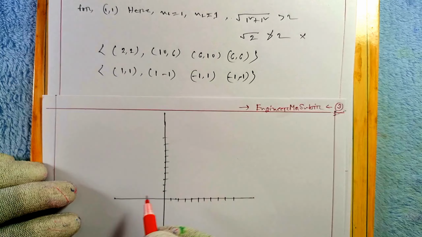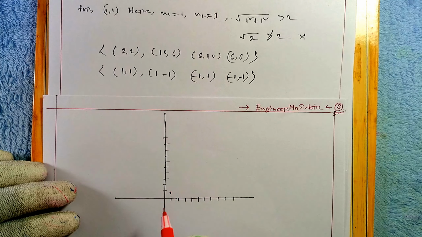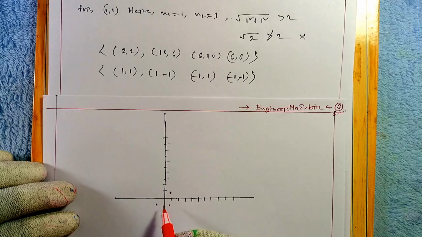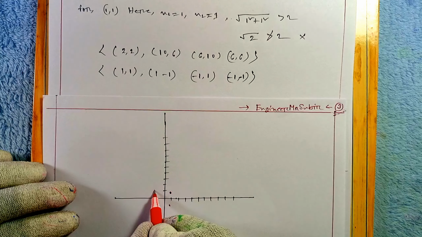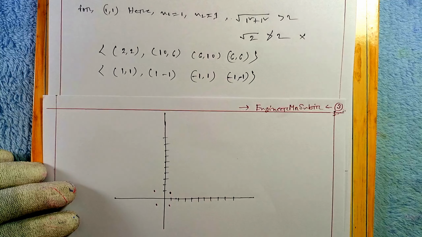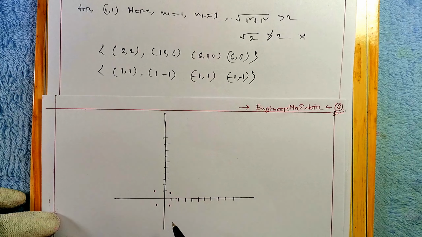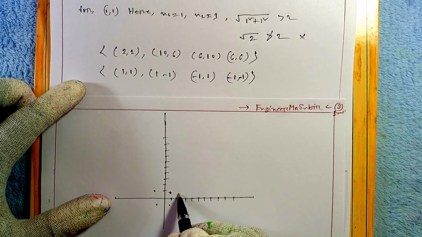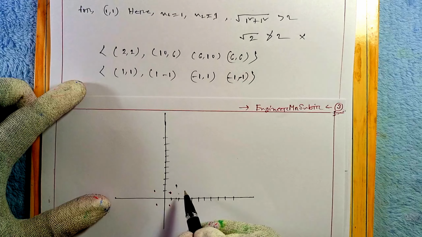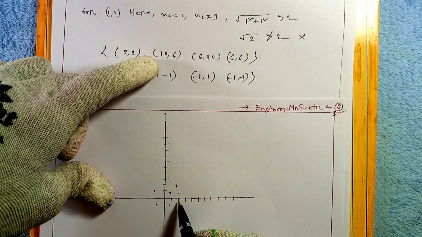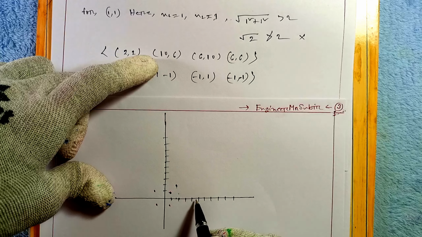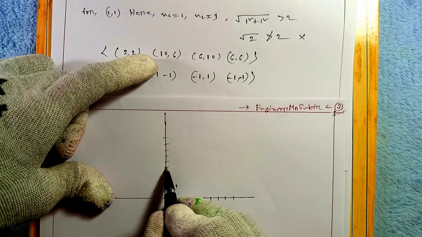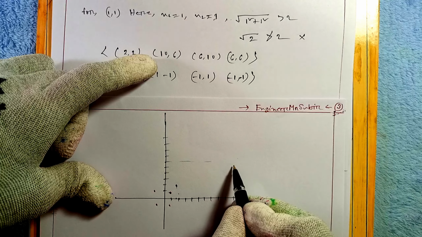So for the negative data points, we know 1 1 is there, 1 minus 1 is there, minus 1 minus 1 is there, and minus 1 1 is there. Okay, and for the positive values, 2 and 2 is there, 10 and 6, 1 2 3 4 5 6, 10 and 6, 1 2 3 4 5 6.